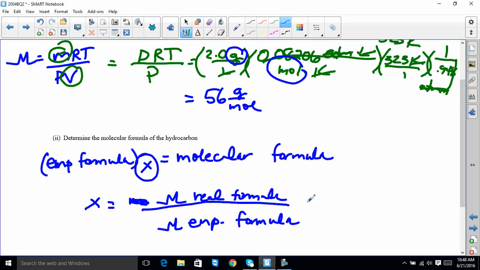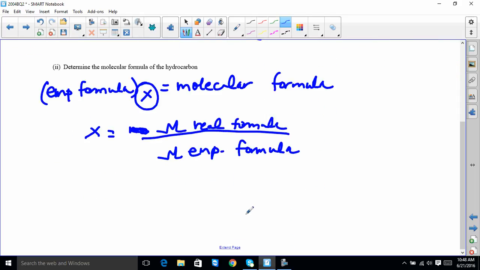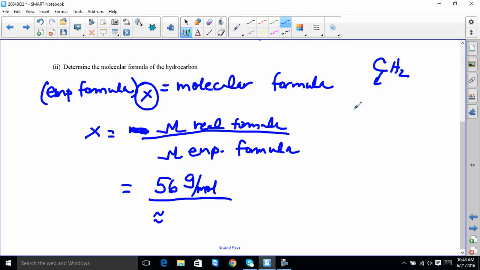And so the interesting thing that happens here is we just figured out in part I that the molar mass of the real formula was 56 grams per mole. And if you go up to the empirical formula, on the first page, the empirical formula was CH2. Now this has to be a whole number, so I'm going to play fast and loose, but this is approximately 12, and this is approximately 1.